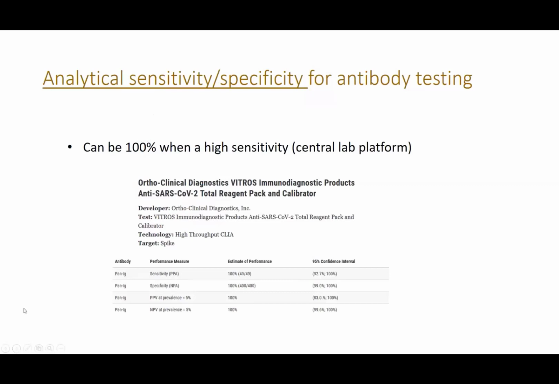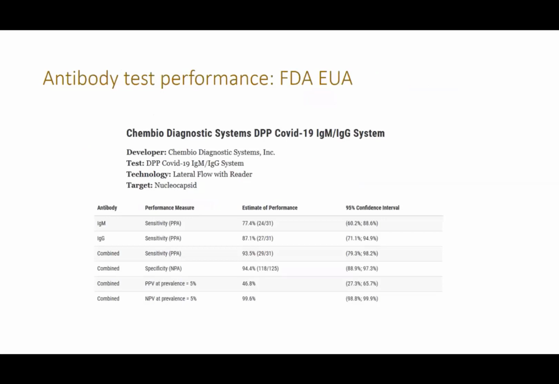But because of the EUA, the vetting process by the FDA is somewhat minimal, and so we really don't know what the sensitivity and specificity of these tests are over thousands of patients. To give you an example, here is another one where the sensitivity and specificity are in fact suboptimal.